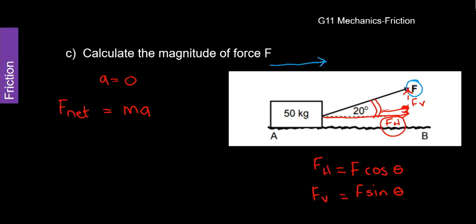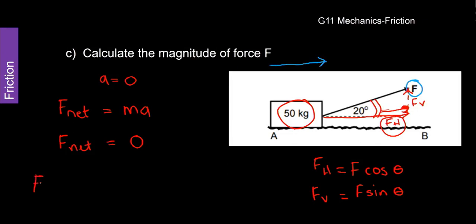So we can then automatically say that F net is equal to 0. But what are the forces that are acting on this object over here, this 50 kilograms? We have got a frictional force, it's a kinetic frictional force, and we have got this horizontal component, which is giving us the motion. So what is the net force going to be then on this object?